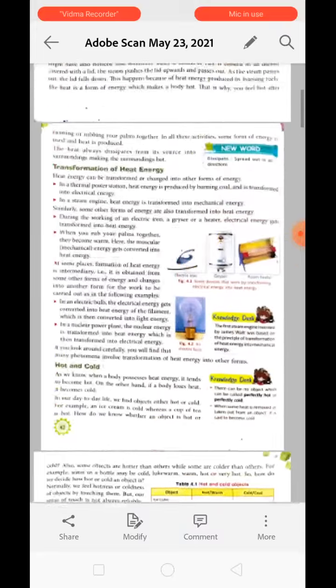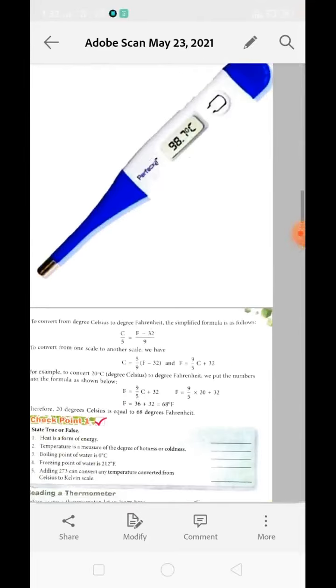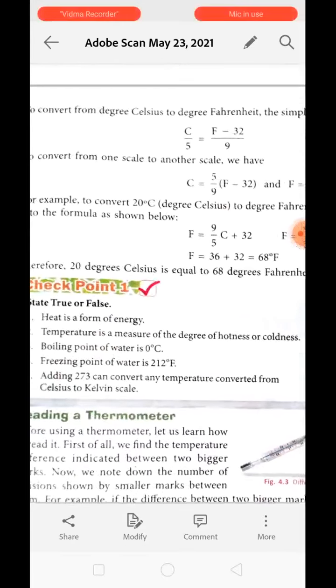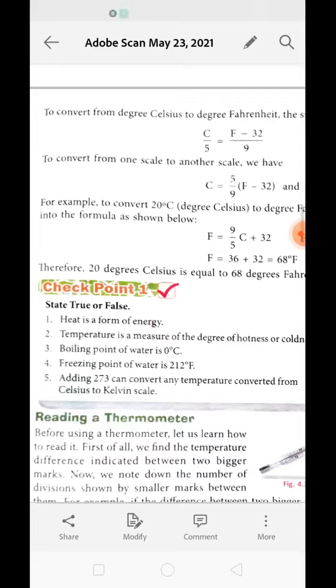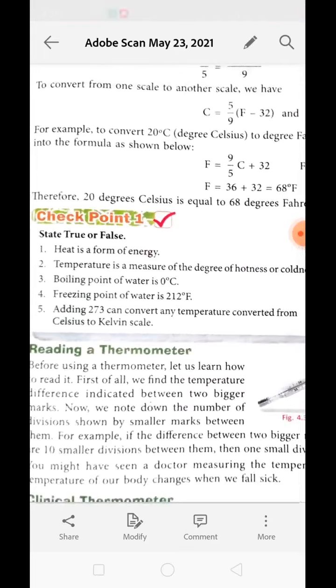State true or false. Question: heat is a form of energy. Obviously it is true. Second, temperature is a measure of the degree of hotness and coldness. Yes, it is true. Third question: the boiling point of water is 0 degree centigrade. No, it is false.